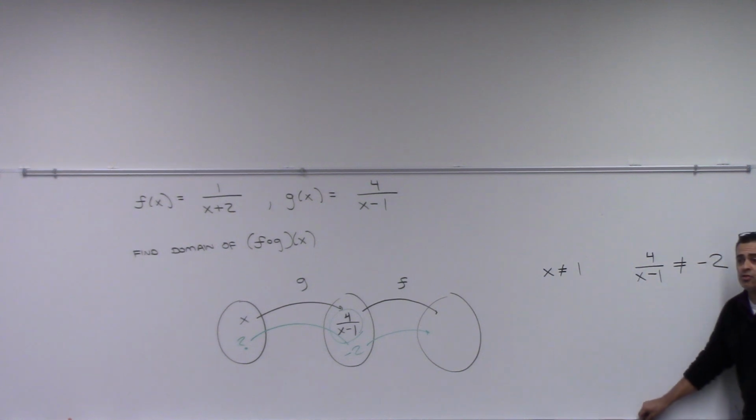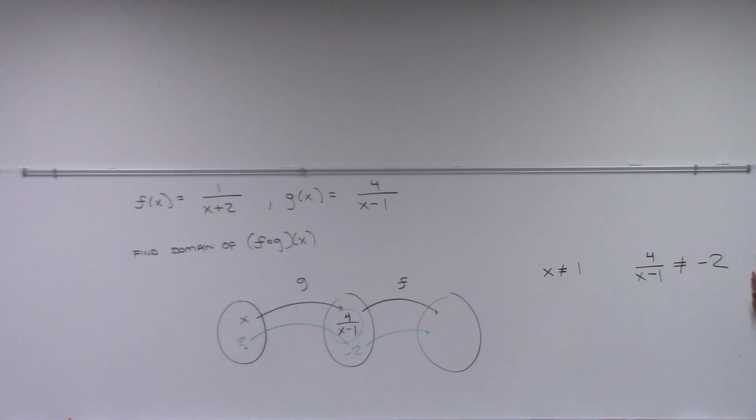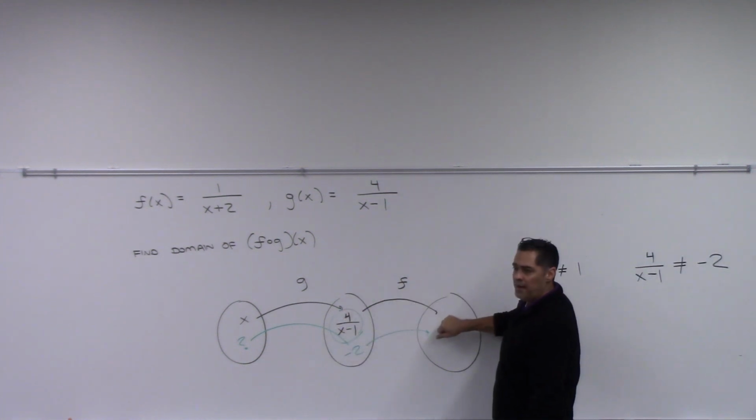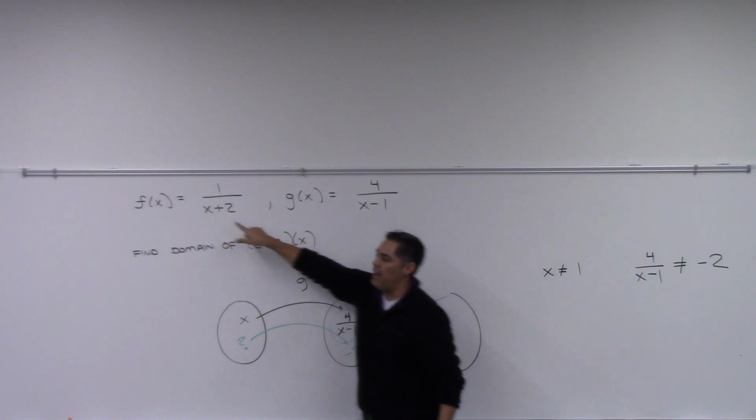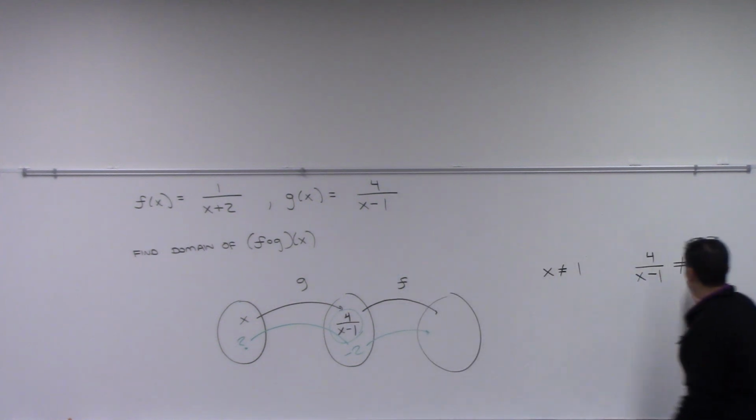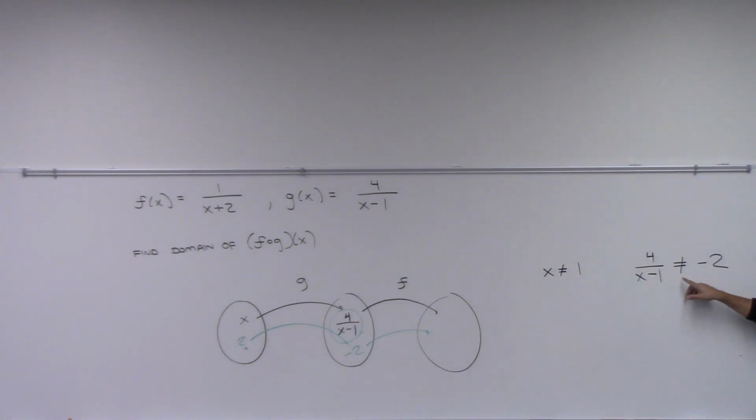That's what I want to make sure, that this doesn't happen. This would cause a problem. If this number right here was -2, then the next step couldn't happen because I couldn't plug -2 into f, because then it would be division by 0. So if I want to make sure this doesn't happen, let's figure out where it does happen.